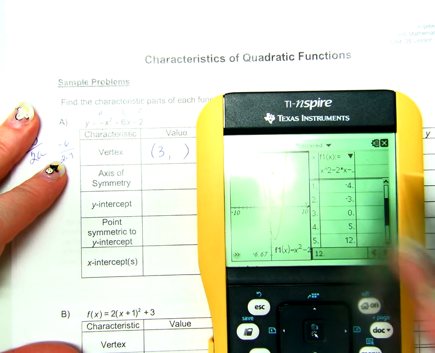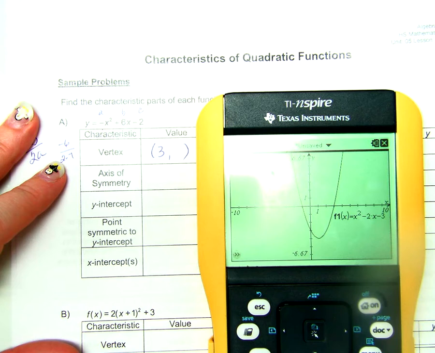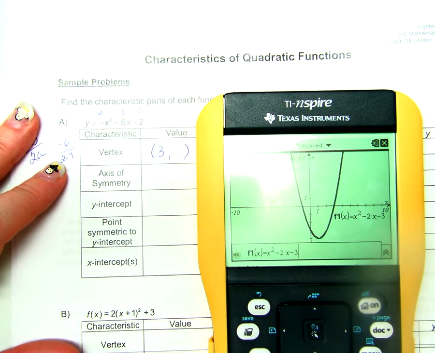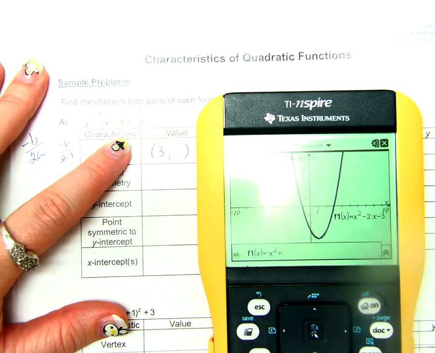See how that's darker now? And I need to press Control T to get rid of my table. Okay? I want to hit Tab so that my equation line comes up. I want to tab up to Y1 or to F1, and I want to delete this one. Okay? I want to enter my new equation. Negative x squared plus 6x minus 2.